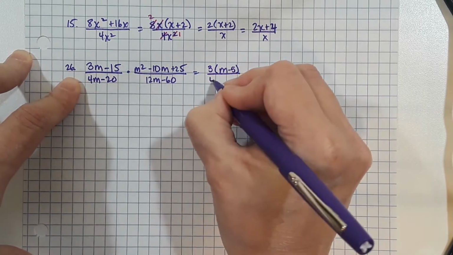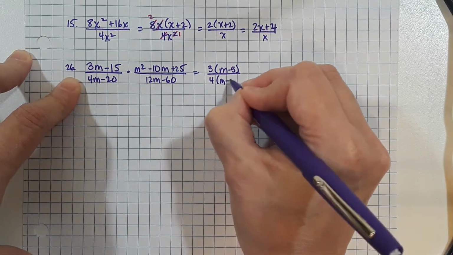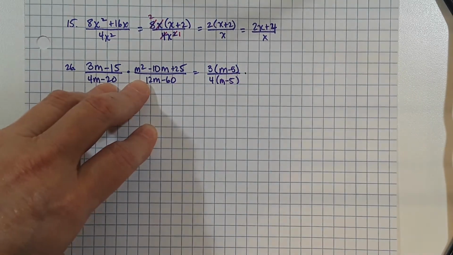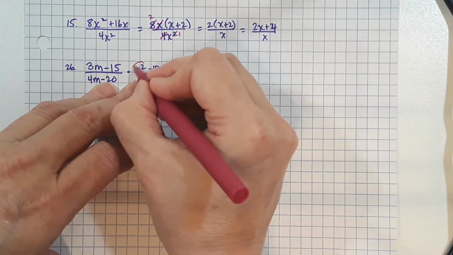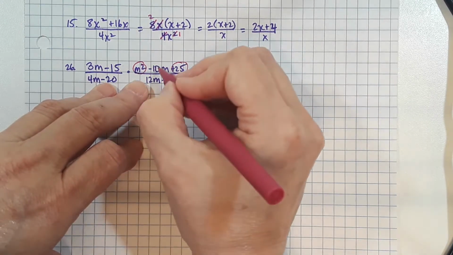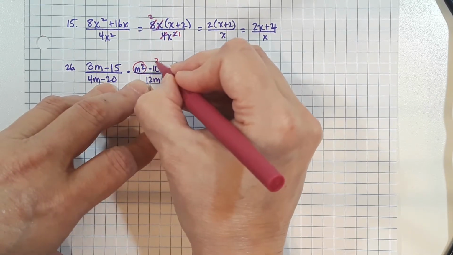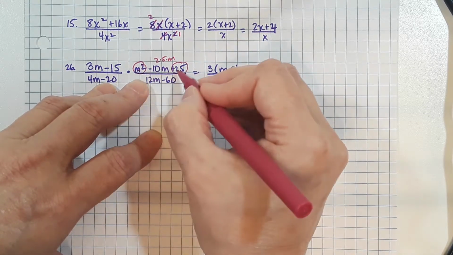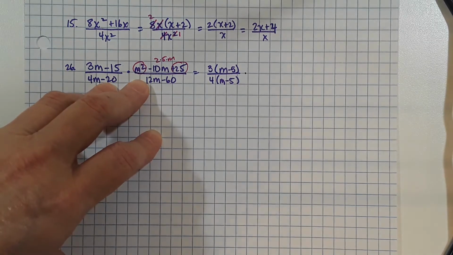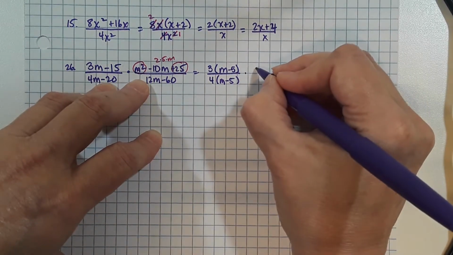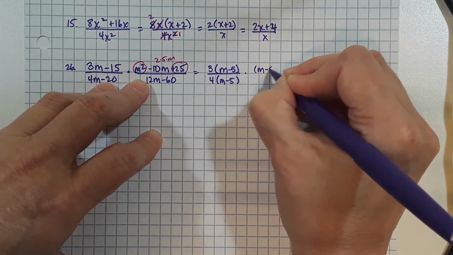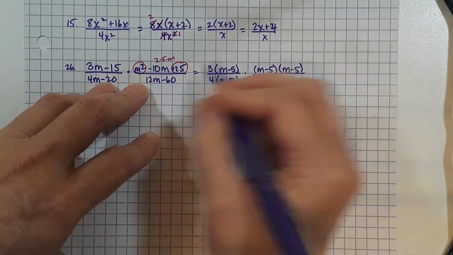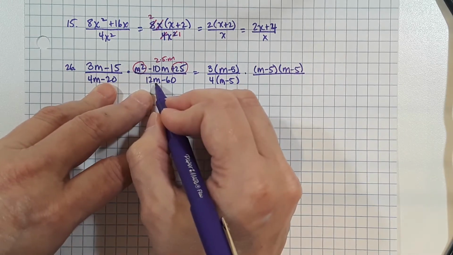I can factor a 4 out of the denominator. And then over here, again, you should be noticing by now that I've got a perfect square here. I've got a perfect square here. This is 2 times 5 times m. So 2 times the square root of this times the square root of this. So this is a perfect square. So it factors to m minus 5 squared. And then on the bottom, I can actually factor a 12 out of this.